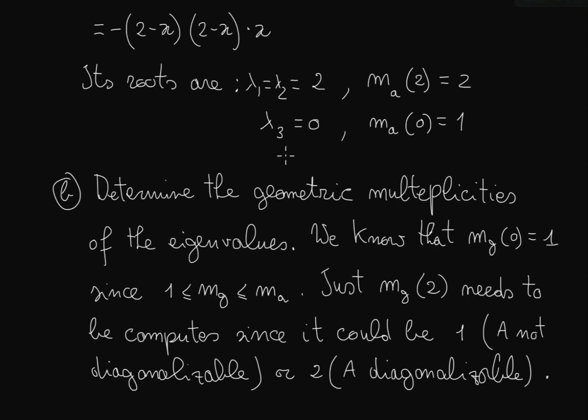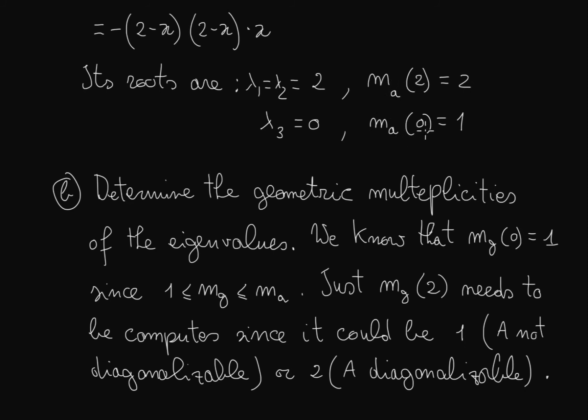In order to see whether the matrix is diagonalizable or not, the theorem says that since the roots are real numbers, 2 and 0, we just have to check whether the geometrical multiplicities of the eigenvalues are the same as the algebraic multiplicities.